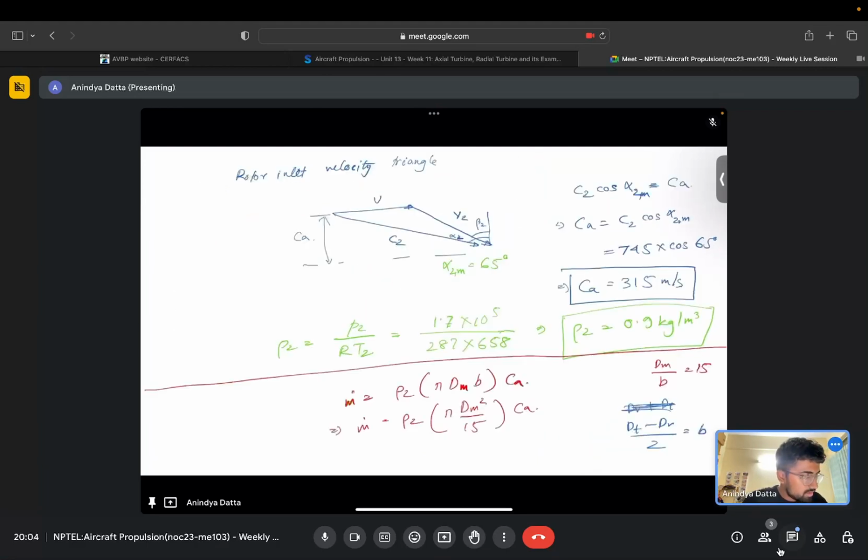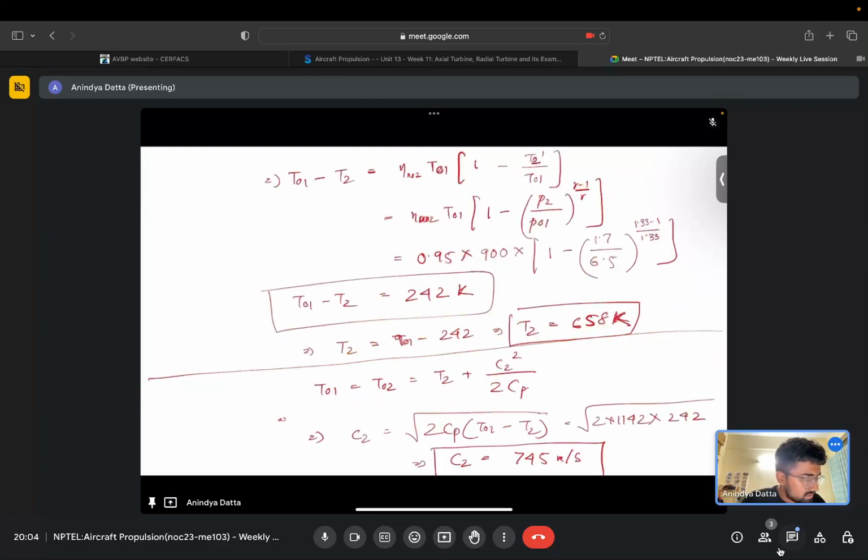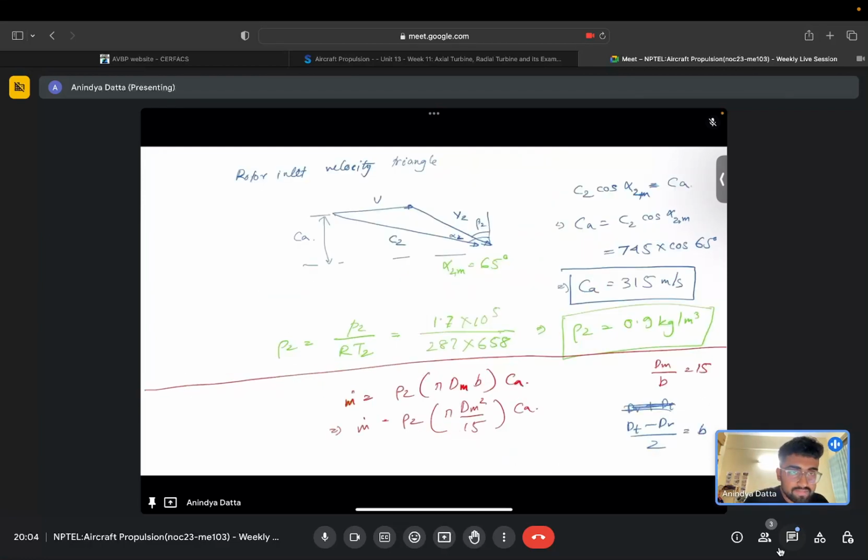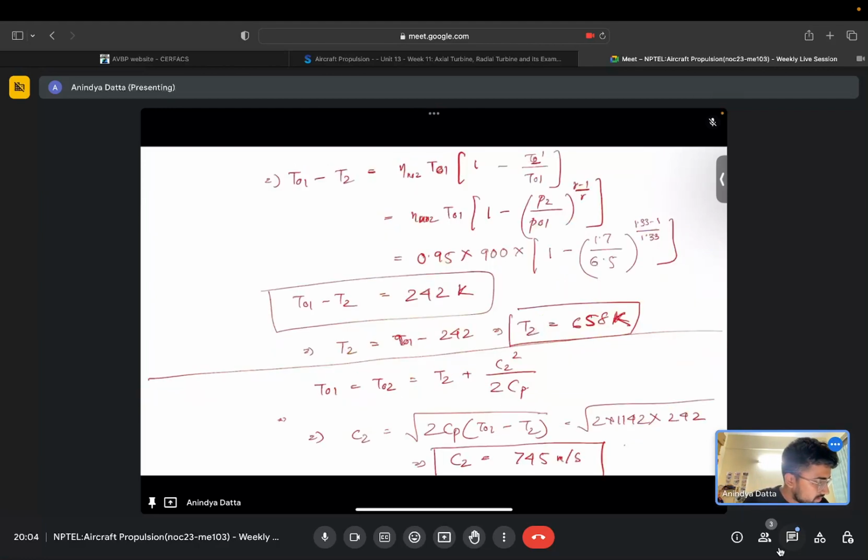We have C2 cos alpha 2m equal to Ca, and this C2 that we computed, 745, is actually at the mean radius.